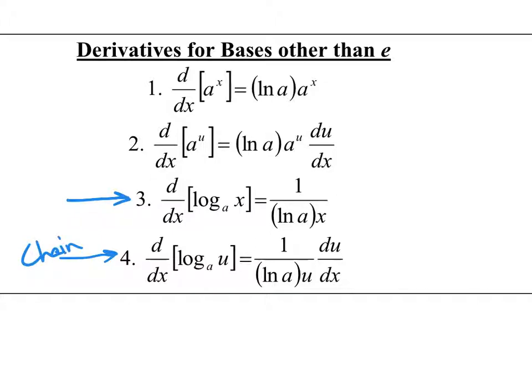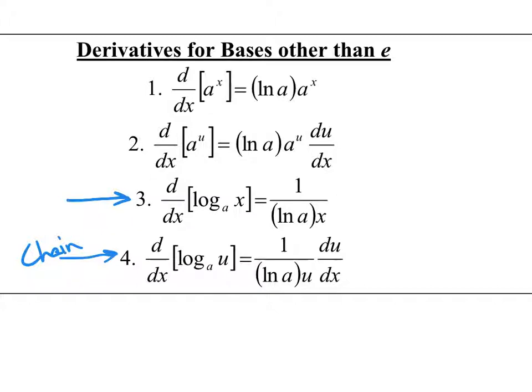If it's a log base a of something other than just x, it's 1 over ln of a times whatever that is, but then you multiply by the derivative of that u. Here you see that u prime over u idea, just with the 1 over ln of a from changing our base.